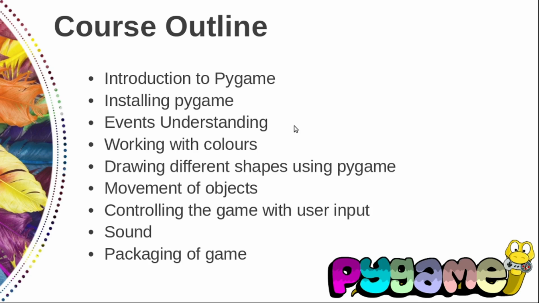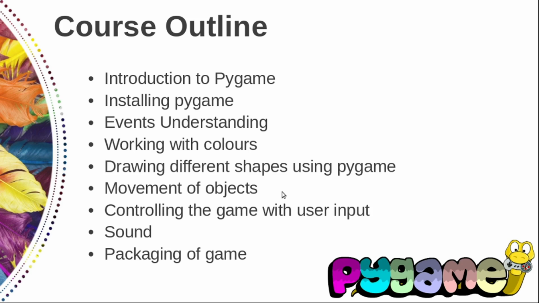And after that, we will start learning working with colors, and then we will learn to draw different shapes like rectangle or circle, and then thereafter we will try to move the objects, or let's say image, and it is very useful in animation kind of game.